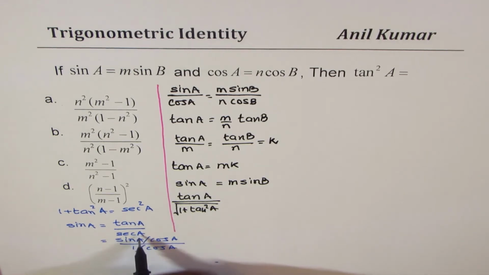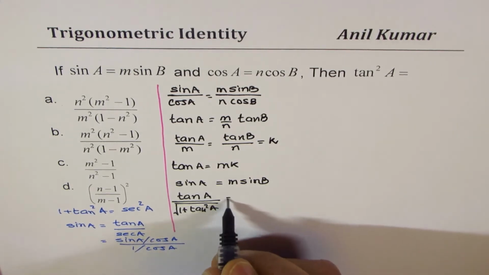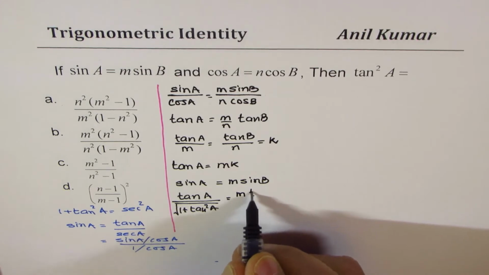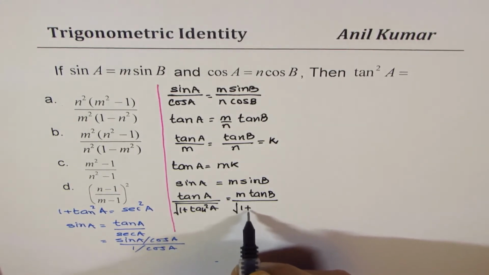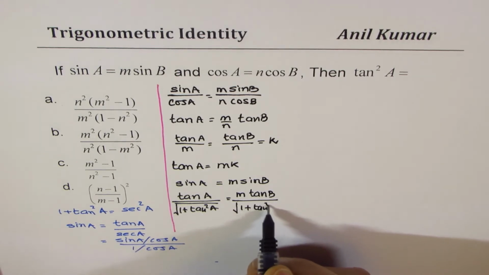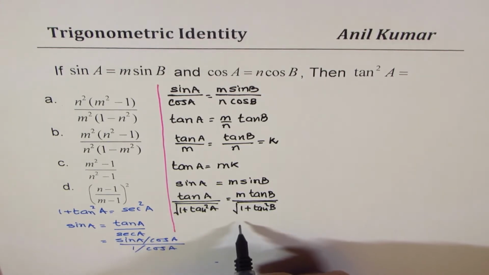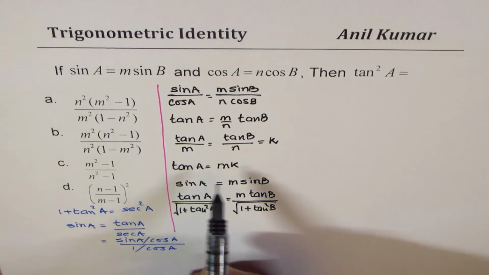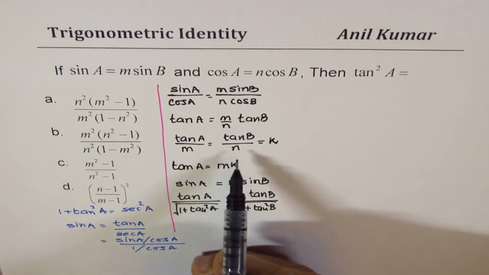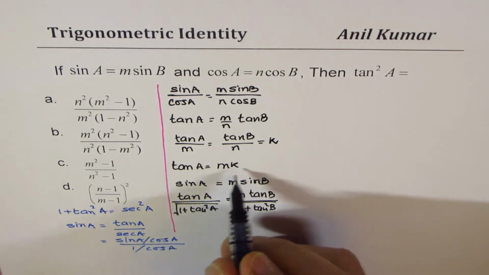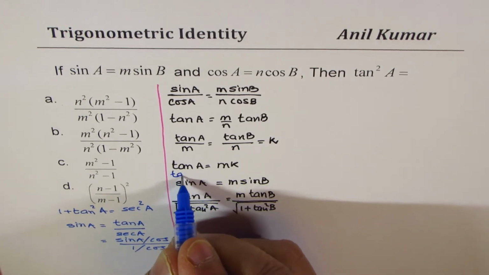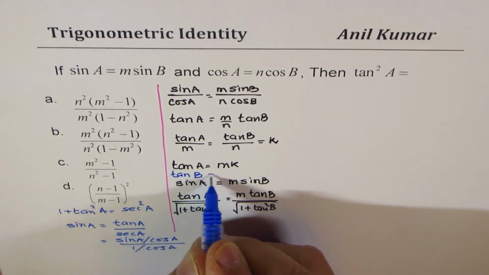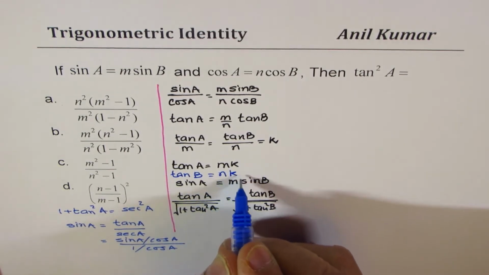So that is tan A over secant A. You get the concept. And m times tan B over square root of 1 plus tan square B. Now what we know here is that tan A is mk and tan B is nk. Let me rewrite. Because we were more interested in tan A, tan B is n times k, correct?